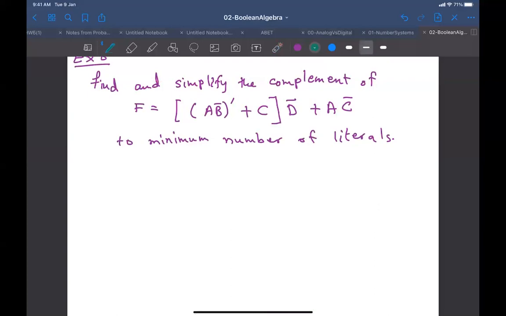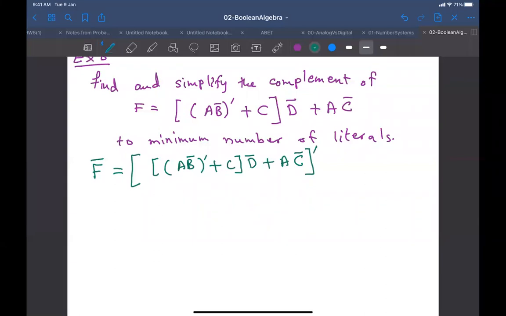My F complement is going to be equal to a big bracket, which has the small brackets of the function ORed with C, and then ANDed with D complement, ORed with A, C complement, and then close the big bracket and then have a complement here.